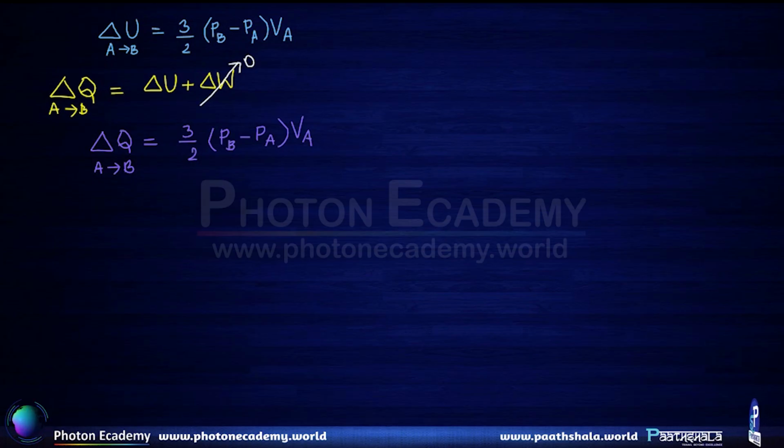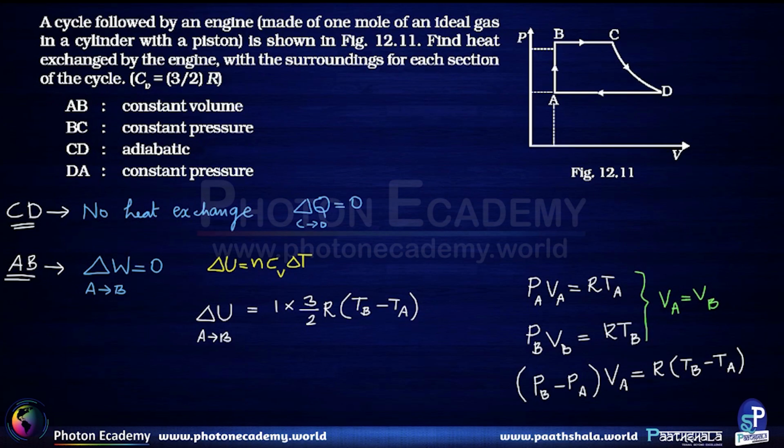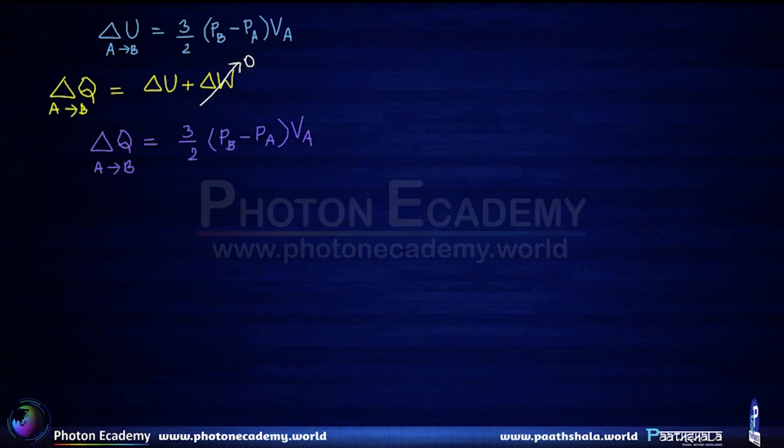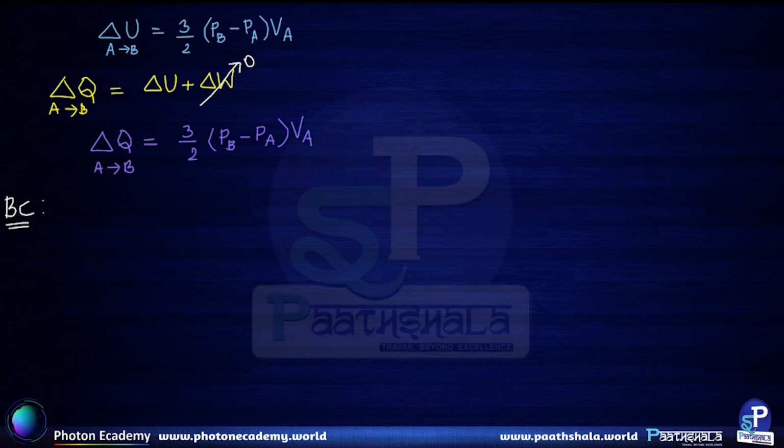Now let's look at part BC of the cycle. For part BC, it is a constant pressure process, so delta P is 0.